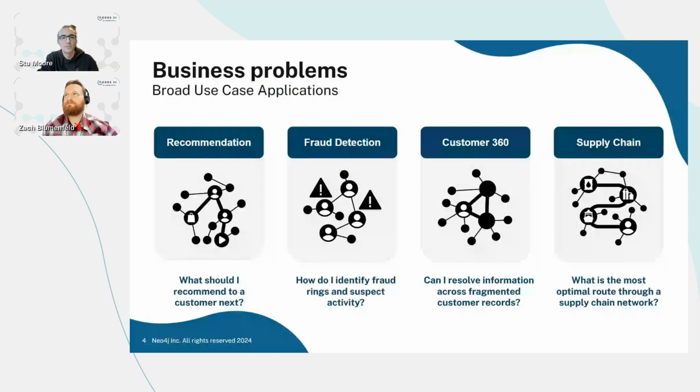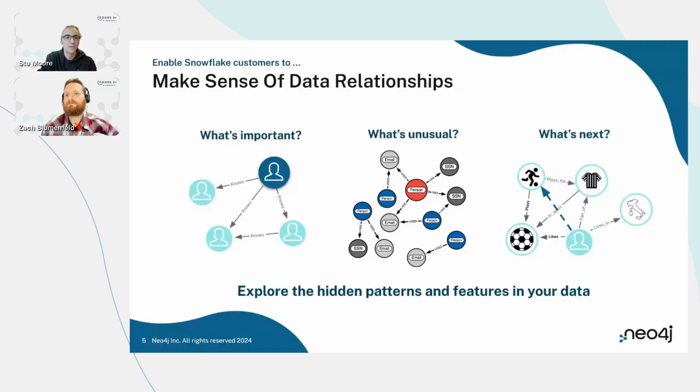And then you've got customer 360, where the same customer might be coming in through different systems, but you have partial information and you're looking to perform entity resolution, or find the fastest route through a disrupted supply chain. And as we all know, making sense of data requires understanding of the relationships, and graphs are really well suited to that.